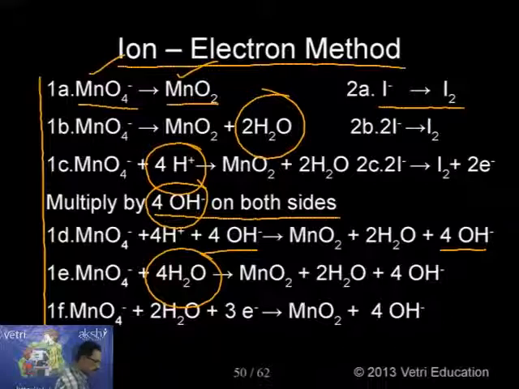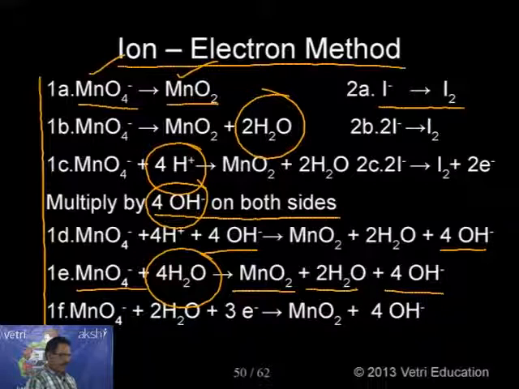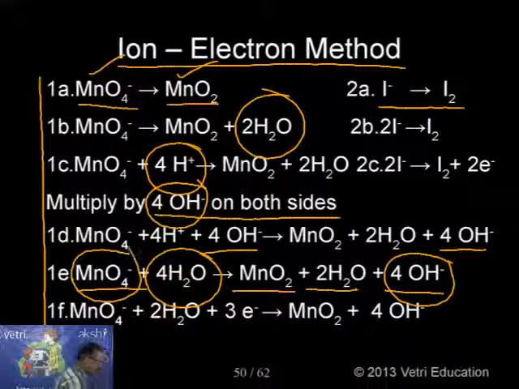So automatically the equation will be MnO4 minus plus 4H2O on the left, and MnO2 plus 2H2O plus 4OH minus on the right. Now everything is balanced except the charge. So now I have to balance the charges. Left side is 1 minus, MnO4 minus, and the right side is 4 minus. So the charges are not equal.